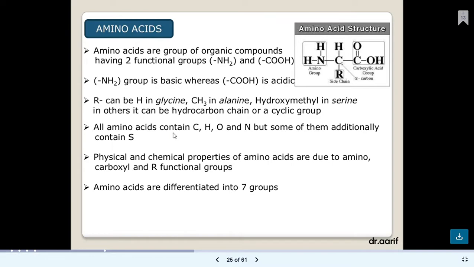All amino acids contain C, H, O, that is carbon, hydrogen and oxygen, and nitrogen, but some of them additionally have sulfur. The physical and chemical properties of amino acids are due to the amino, carboxyl and R functional groups, and they are differentiated into 7 groups.